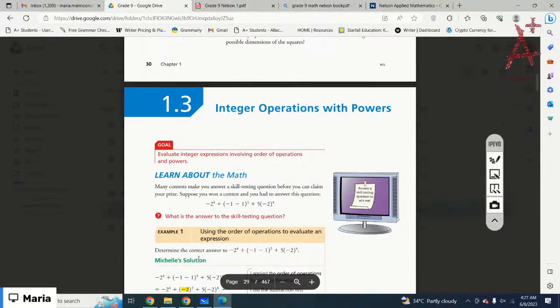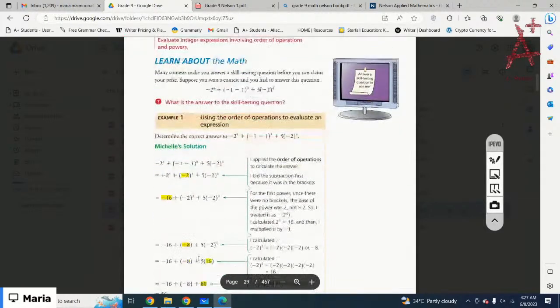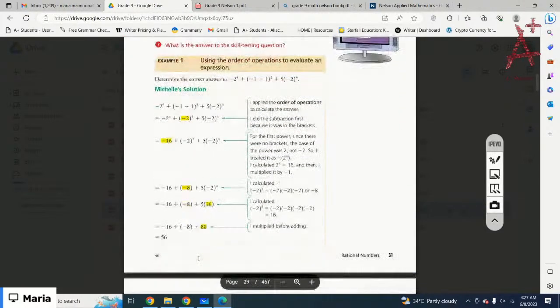Basically, we're going to learn how to evaluate integer expressions that involve order of operations and powers. Got it? Let's start with the first one: negative 2 exponent 4 plus minus 1 exponent 3 and plus 5 times negative 2 exponent 4. First of all, we have to evaluate the exponents. Got it?